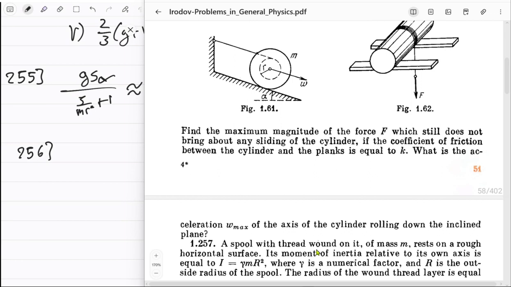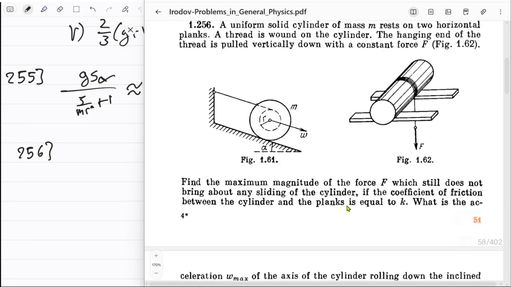If the coefficient of friction between cylinder and planks is equal to K, so between this and that, fine. What is the acceleration W max of the axis of cylinder? Oh, this is weird. I don't know what it means. Down the incline. There's no incline. What are you talking about? Fine, I'll just do the first part and the second part I don't know what to do.